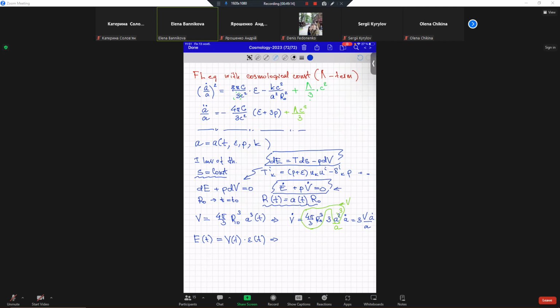Okay, so from this we can write that E point equals V epsilon point plus V point epsilon.